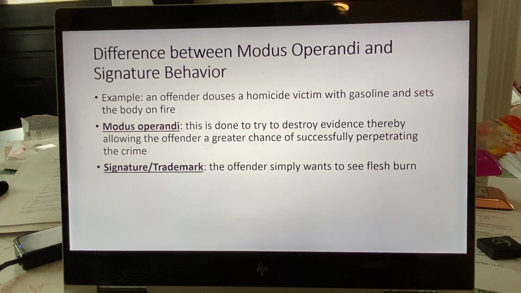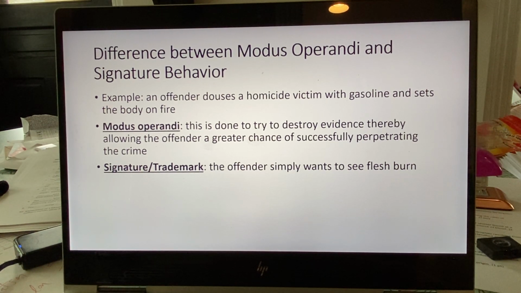Okay, so to summarize, the difference between MO and signature or trademark behavior, let me give you this example. Let's say we have a victim of a homicide, and the offender pours gasoline all over the body and sets it on fire. If this is an MO behavior, the purpose of that behavior is to maybe destroy evidence that's on the body.